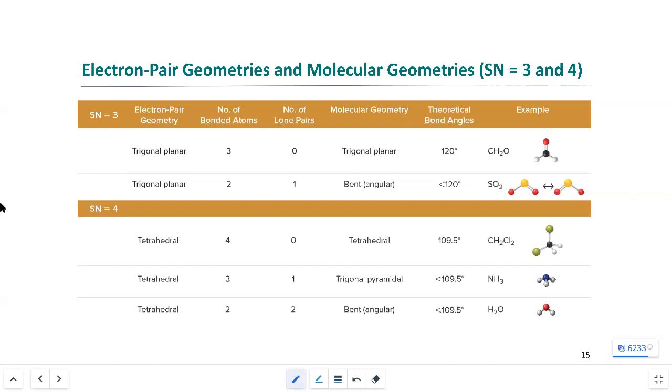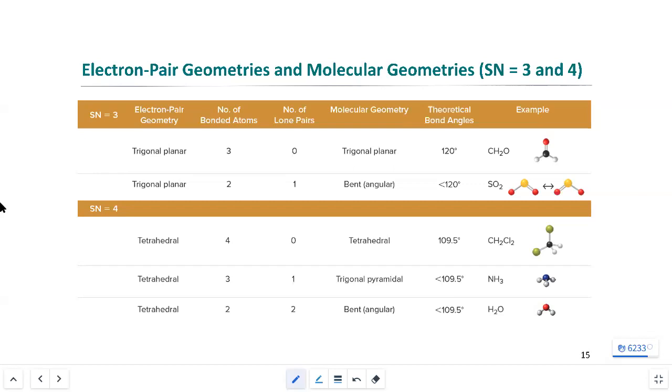So what it really comes down to on your part is drawing the correct Lewis structure and interpreting that structure correctly. How many bonding pairs, how many bonds there are, getting the correct steric number, figuring out how many atoms there are bonded, how many lone pairs there are, differentiating between the two to get the correct geometry and the correct bond angle.